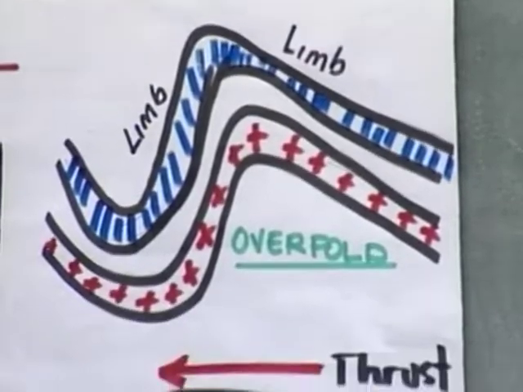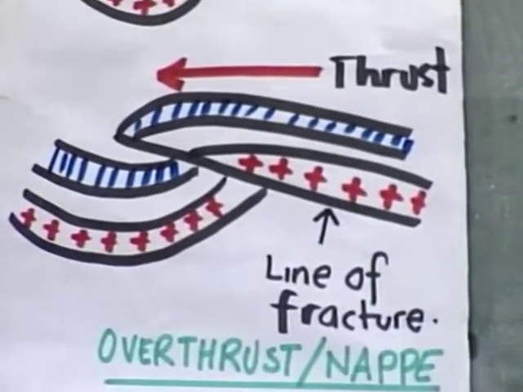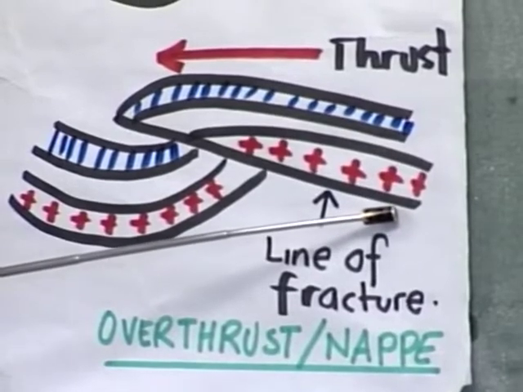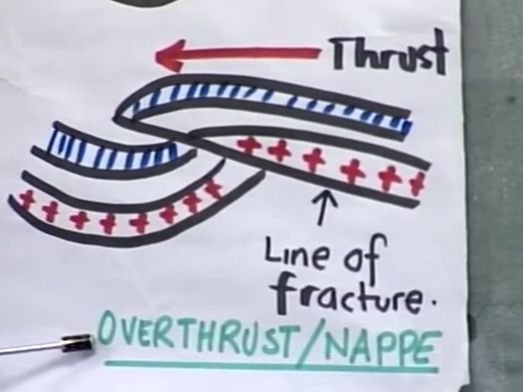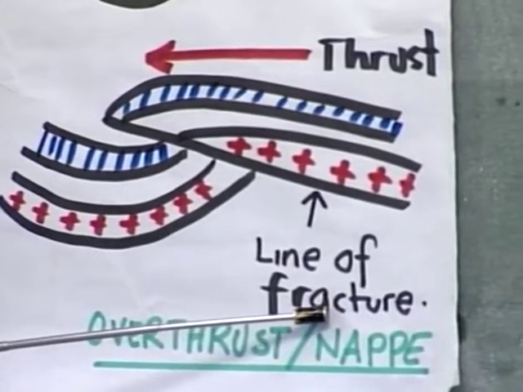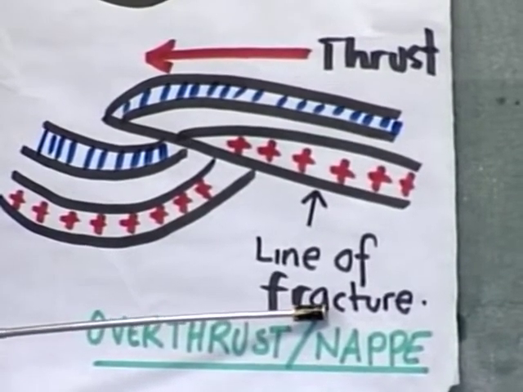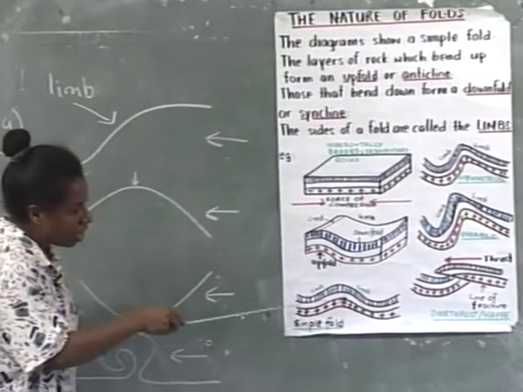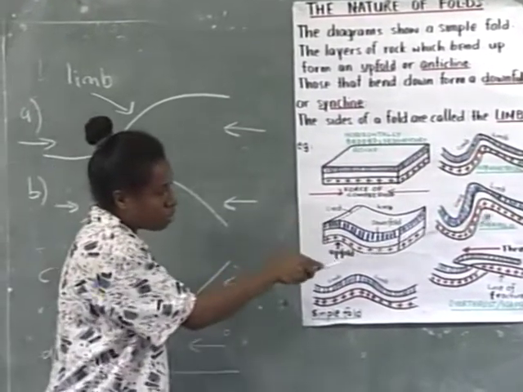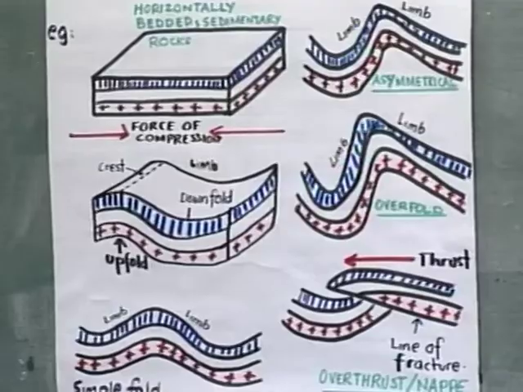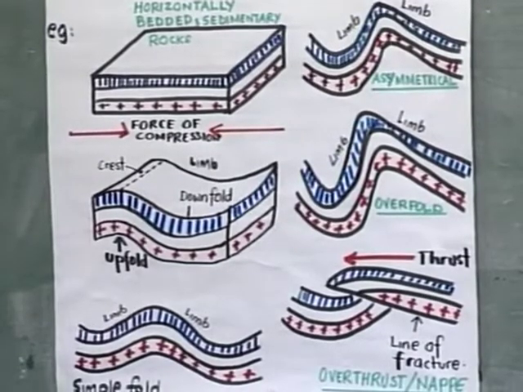And finally, if the pressure continues, then there might be a line of fracture or crack, resulting then in an overthrust fold or a nappe to be actually formed. So you see, this diagram here shows us a simple stage in the different types of fold that can actually occur. That same information you will also find on your worksheet, at the back of the worksheet.